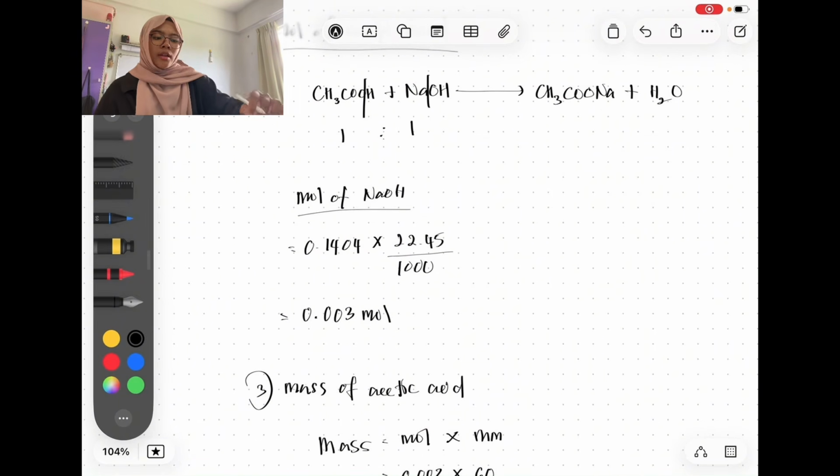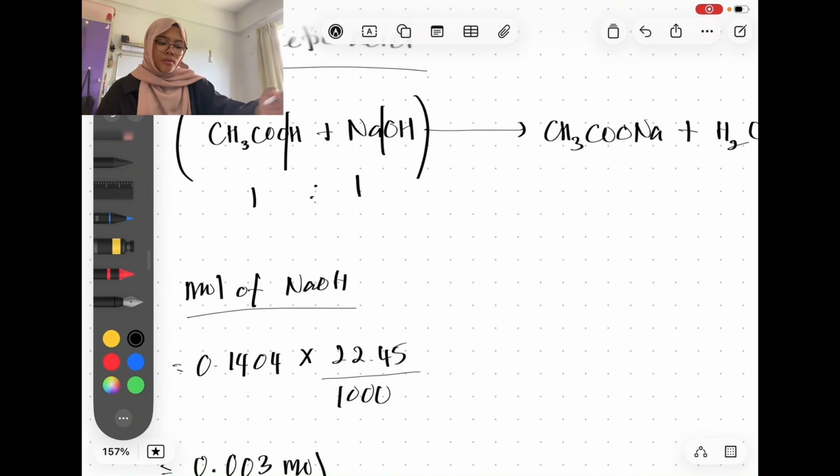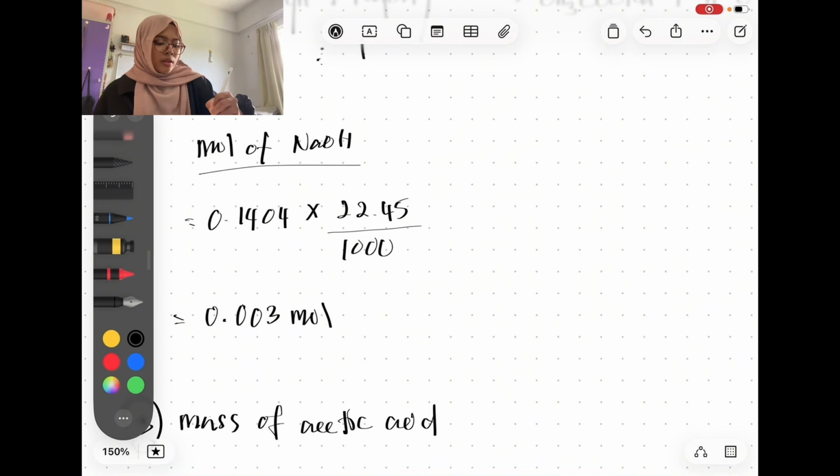Like the previous one, this is the balanced equation, so you just need the reactants before the product. It shows that acetic acid and NaOH have a ratio of 1 over 1. So the mole of NaOH and acetic acid is also 0.003 mole.